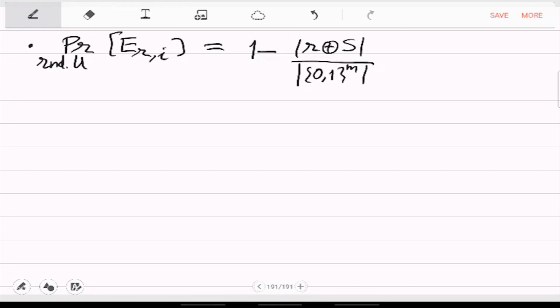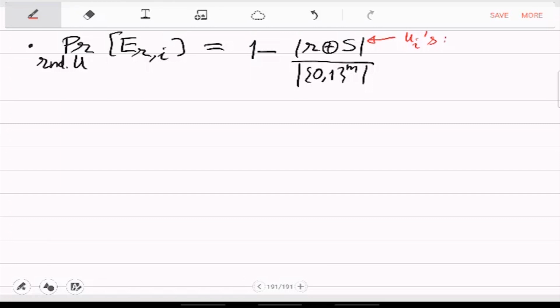Right, why is that? So R plus S are these good strings, and UI is not one of them. So these are actually the U's that work.